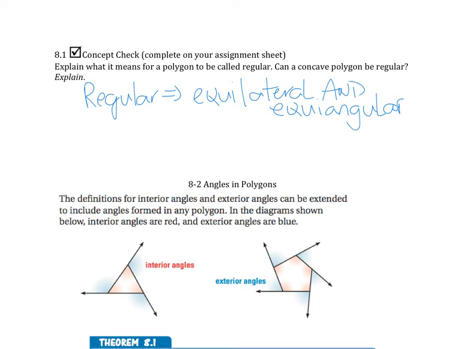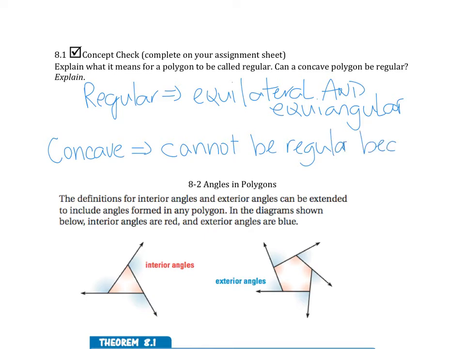And can a concave polygon be regular? We already mentioned that. It cannot be regular because it can't be equiangular.